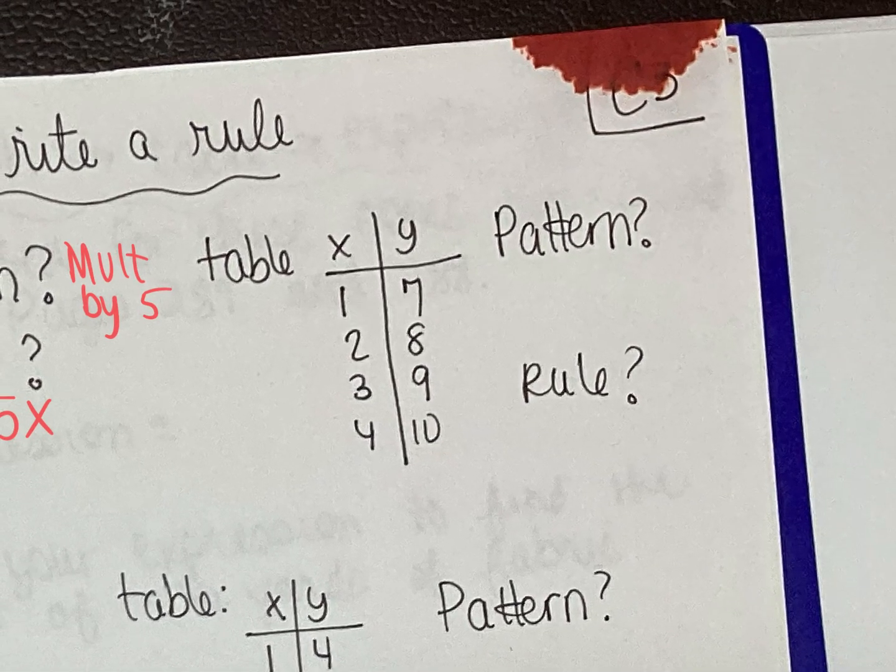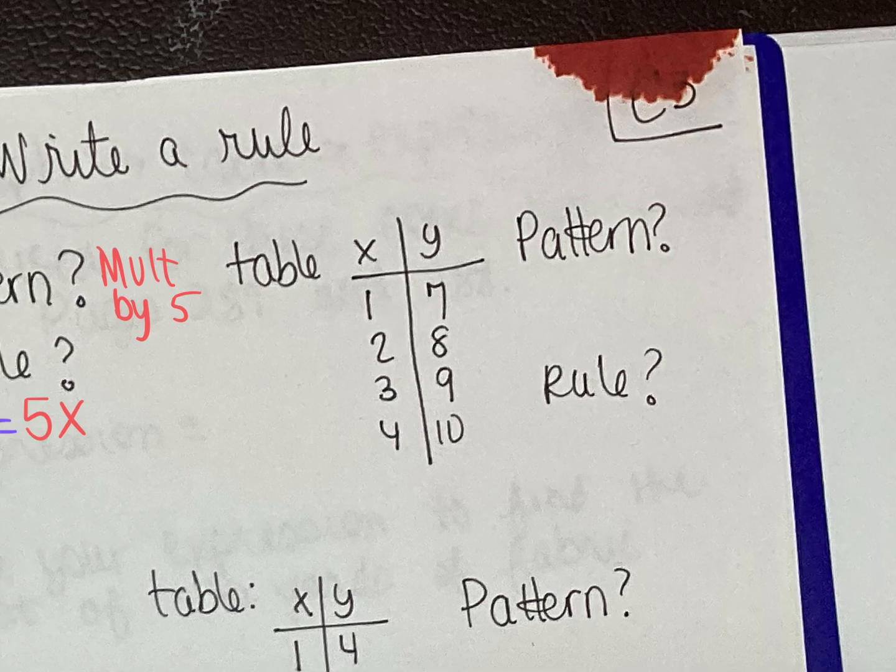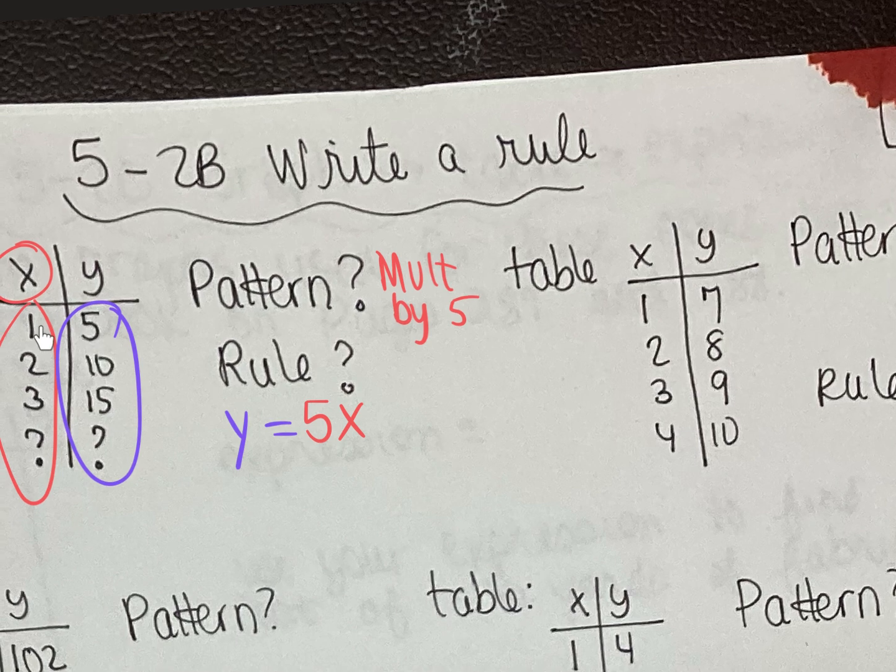Okay, this one does not have a multiply pattern. This is times 3, but this is times 4. This is times 7. So I can't look side to side. And I would say most of the time, the side to side pattern is not going to work. It might be there, but more often than not, it's going to look like this.